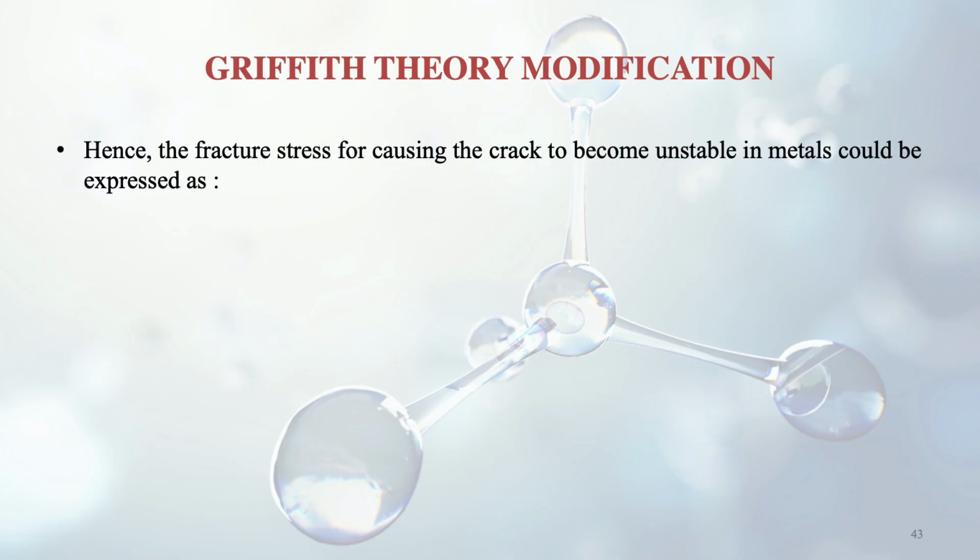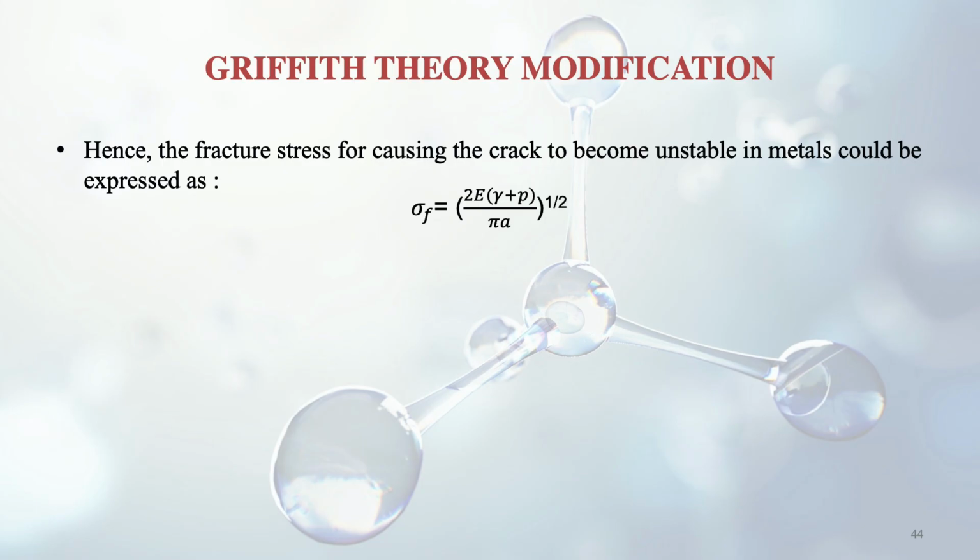Hence the fracture stress for causing the crack to become unstable in metals will be expressed as sigma F, representing fracture, equal to the square root of 2 into E into (gamma plus P) divided by pi into A.